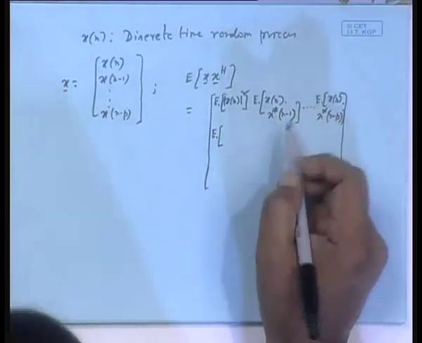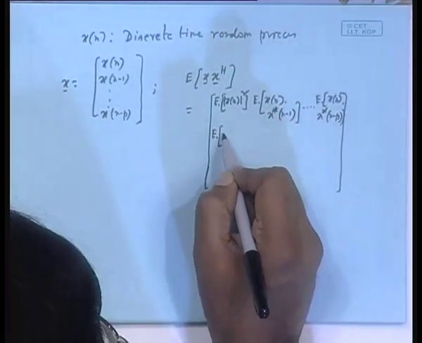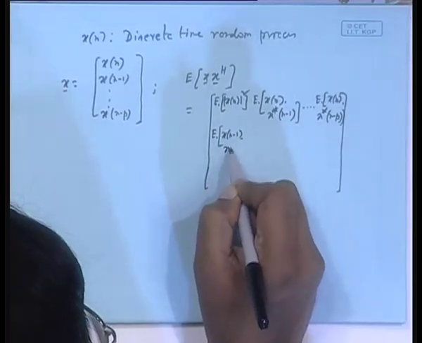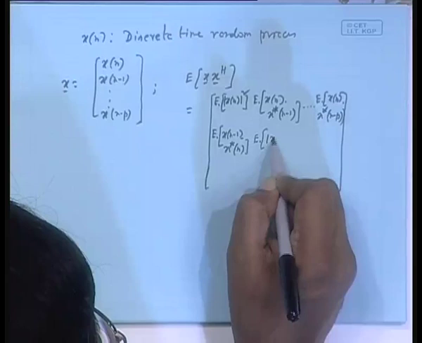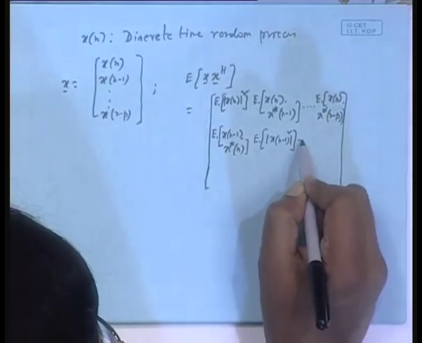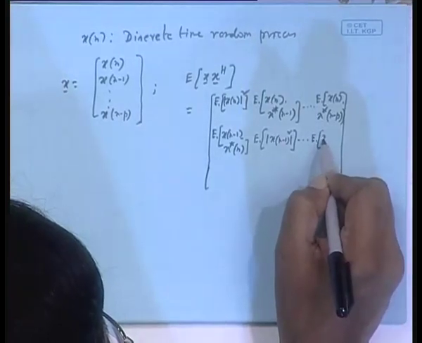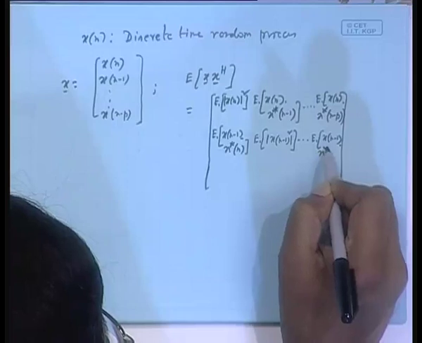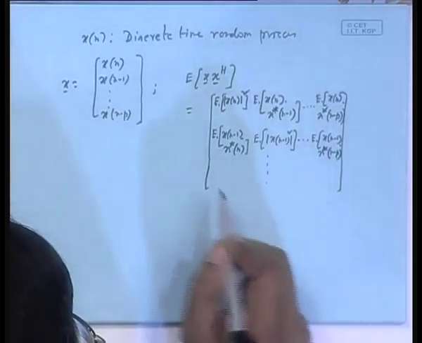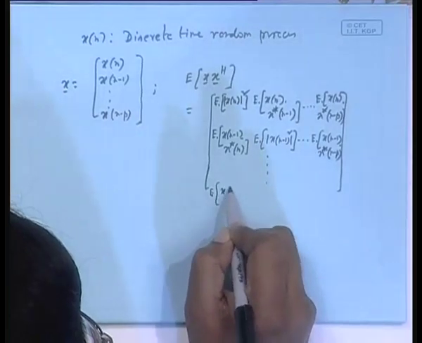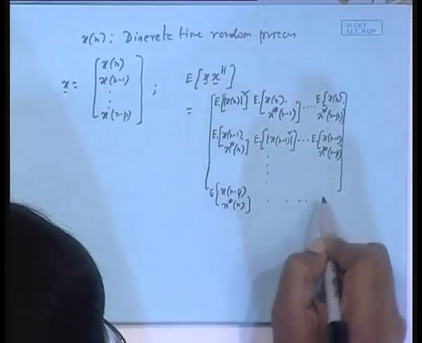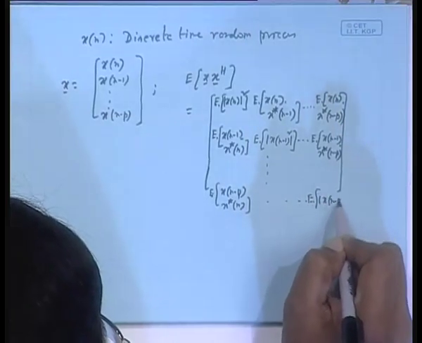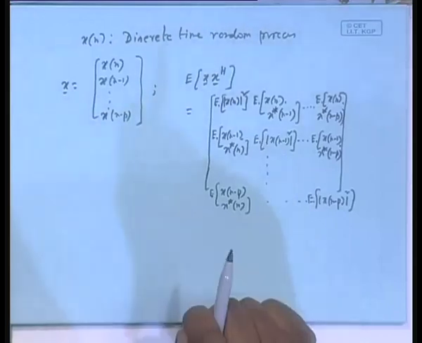Even otherwise, because of the Hermitian property, this conjugate will come here, no? So far there is nothing special, this is just a correlation matrix.